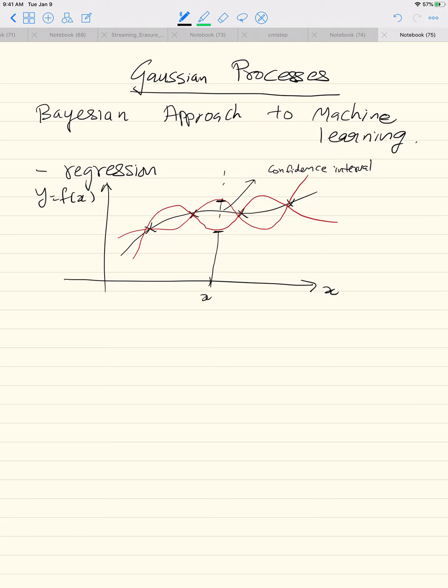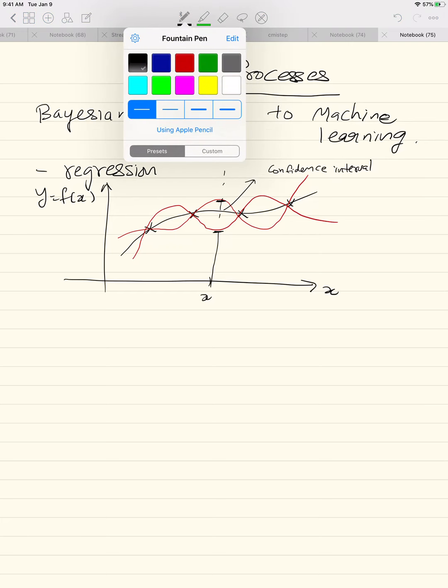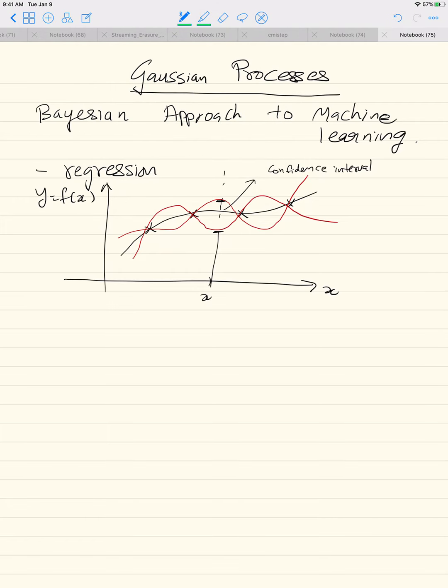And the idea here is that my distribution might look like this. If this is the query point, my distribution would be a Gaussian that might look like this. So it has high density somewhere in the middle and it tapers off as we go away from the true value.